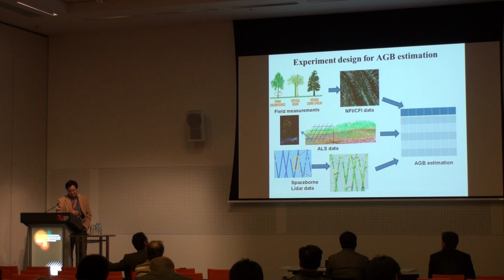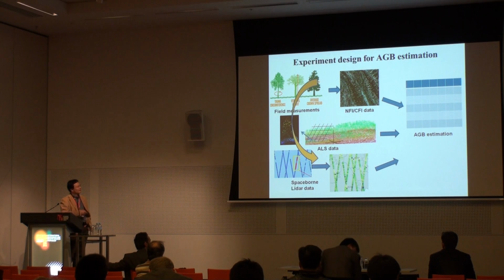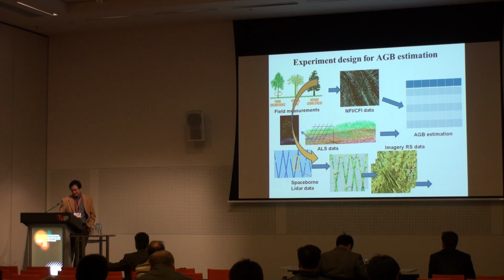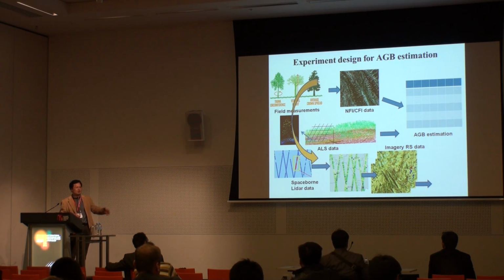So now the thinking is we can have all of these different data sources, from in-situ measurement, airborne and also spaceborne. Whether we can fuse them together to get a better estimation of the biomass. This is the target. But all of these three data sources are still not full coverage, and still need some sampling at the point scale, the plot scale or the strip scale.